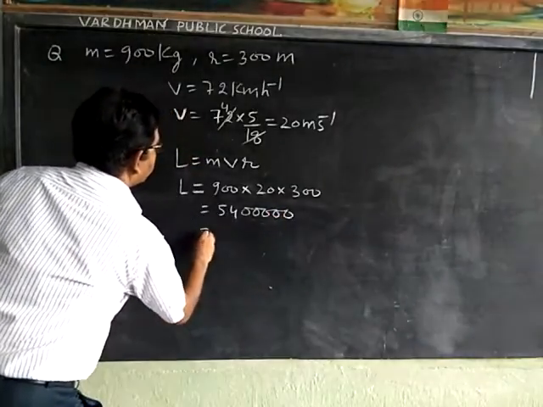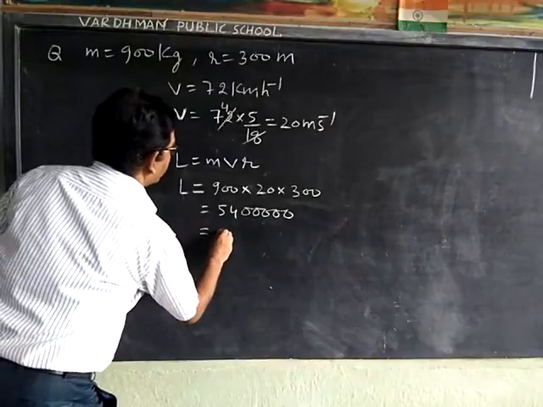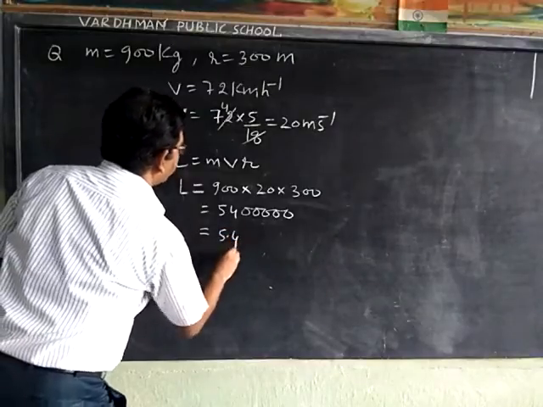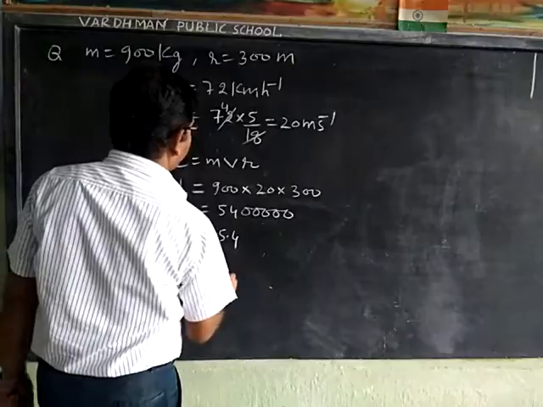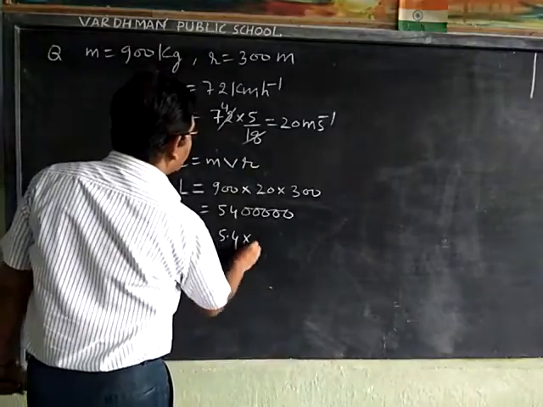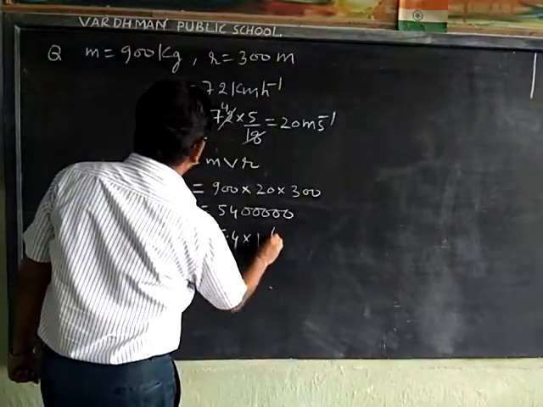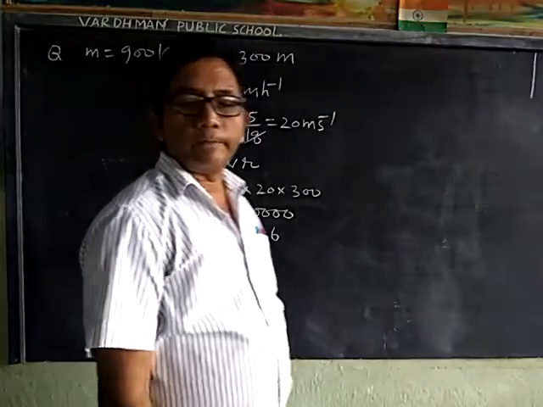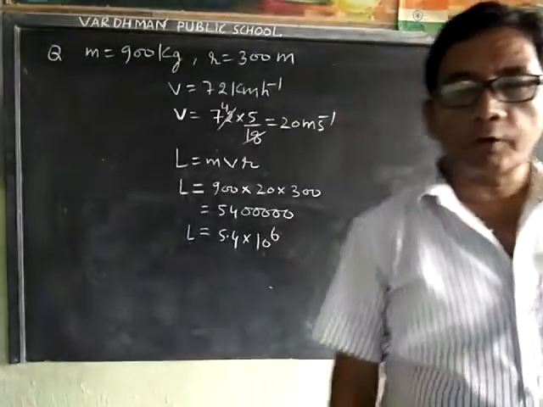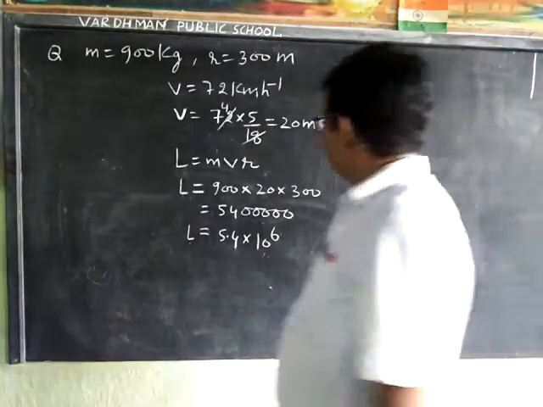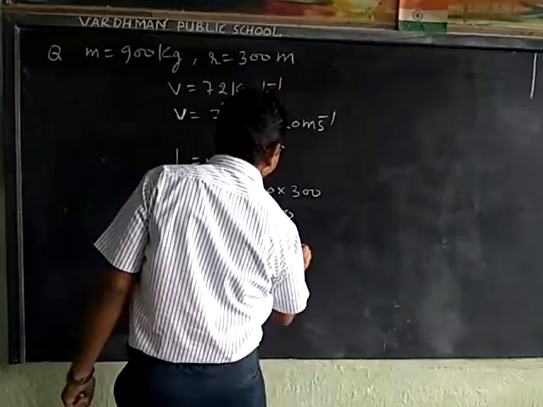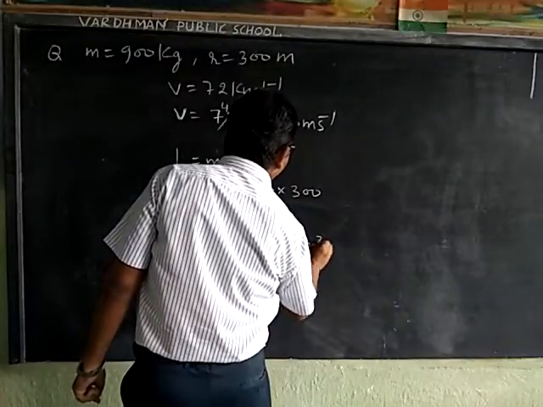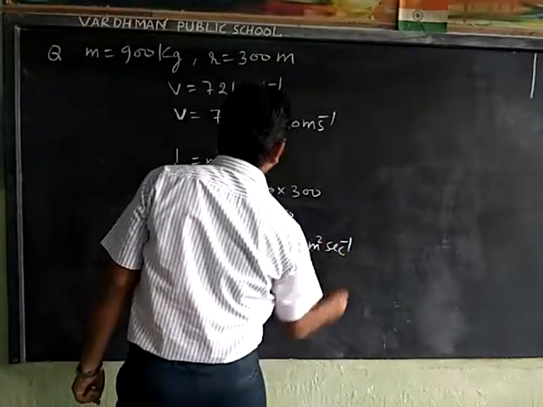Or we can write 5.4 into 10 power 6 kilogram meter square per second.